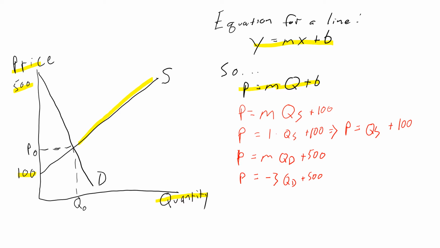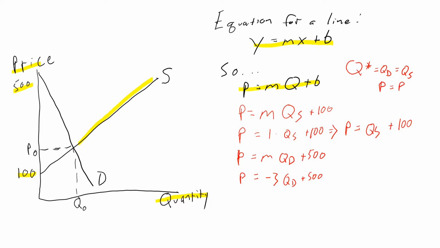Okay, so how can we use this information to solve for equilibrium? Well, just like in tabular form, we know that at equilibrium, our Q star is going to equal the quantity demanded is going to equal the quantity supplied. And the price of each are going to be equal as well.